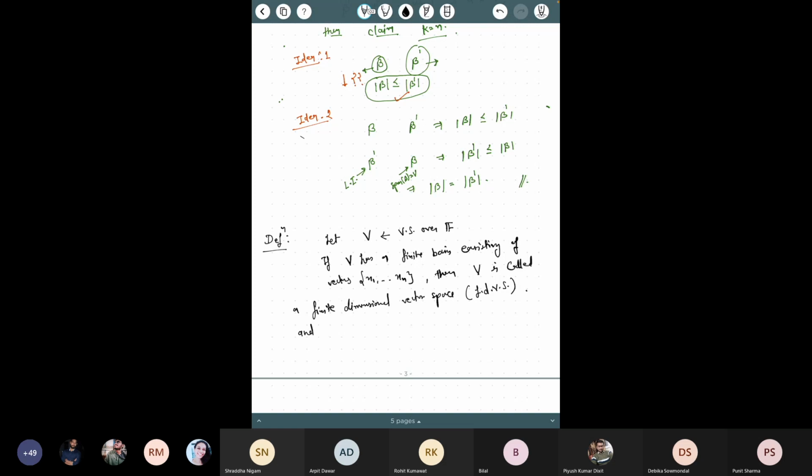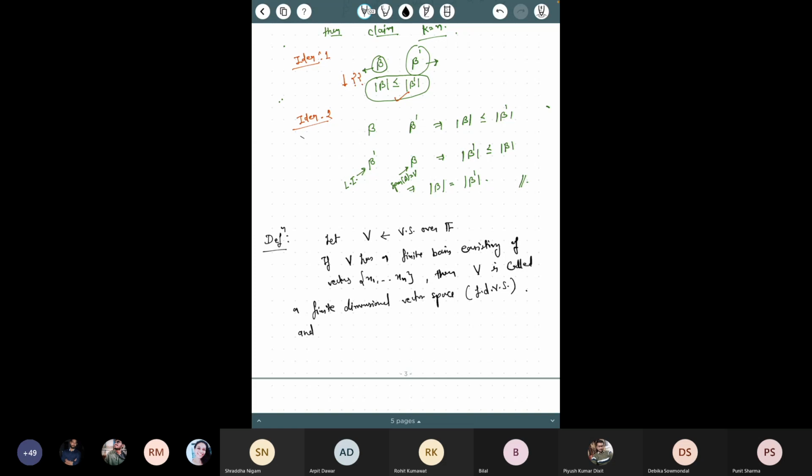And this number n, because we know that if V has a finite basis containing n elements, then every basis will have exactly n elements. So this n is unique for every such vector space, and therefore we give it a name.